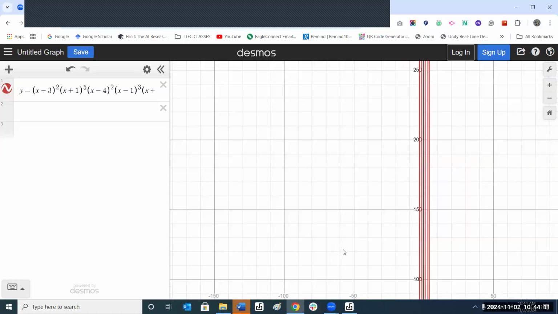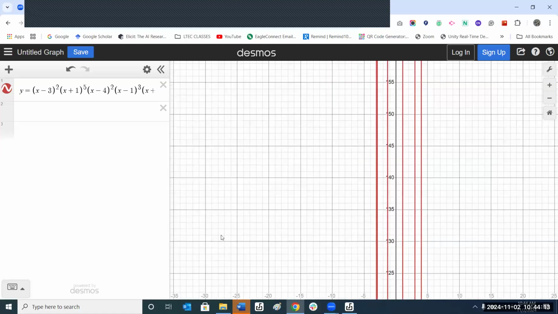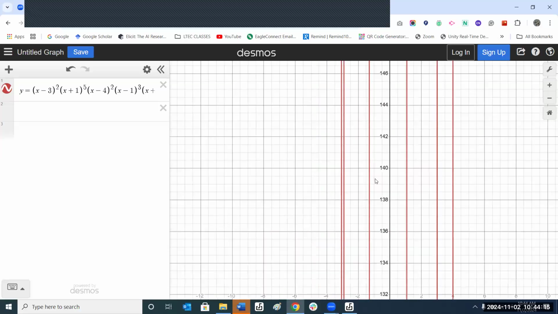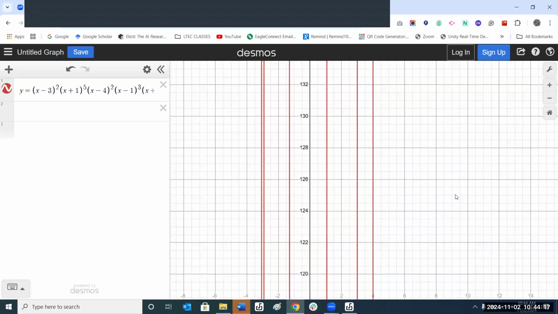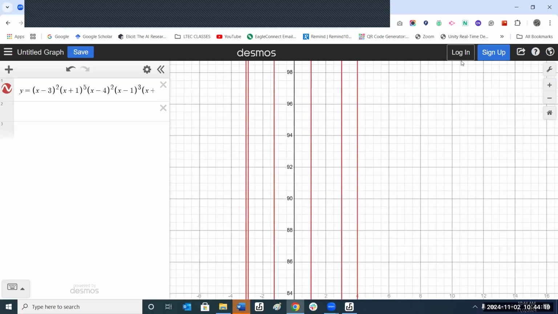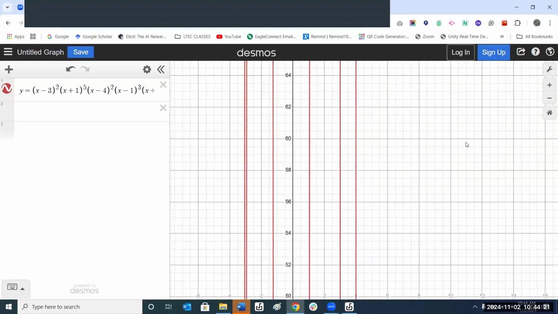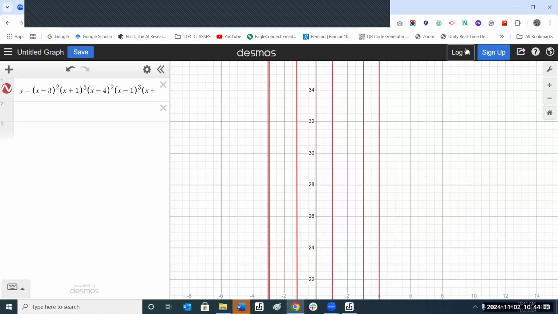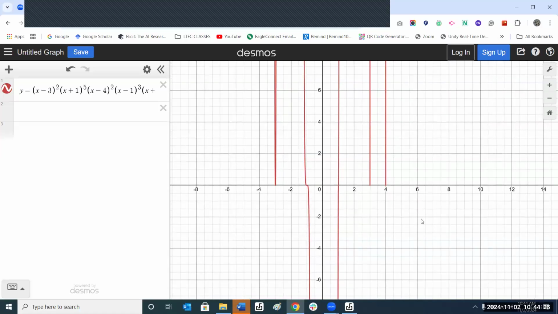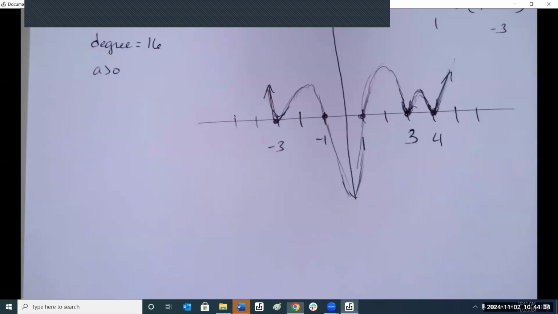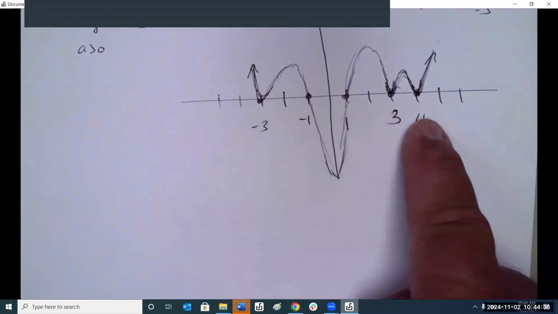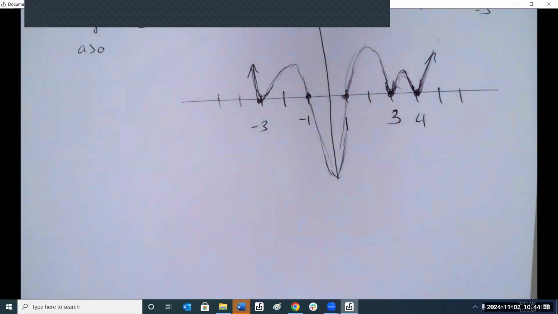We know that's what's supposed to happen because if you look at the x-intercepts, there's nothing down here, which is exactly the same as what ours looks like. There's nothing down here, just in the middle.